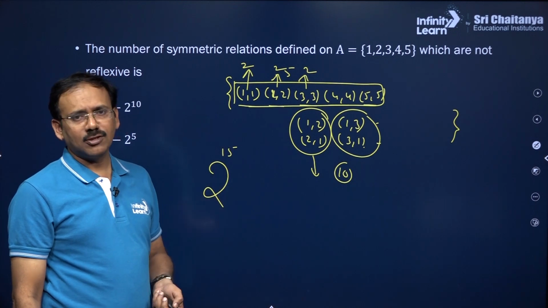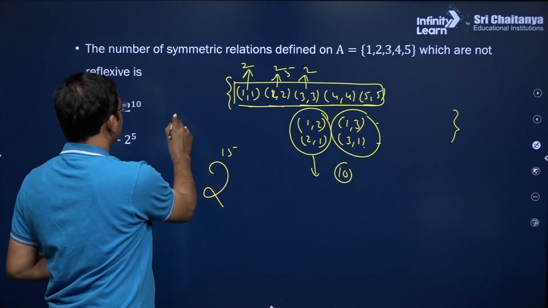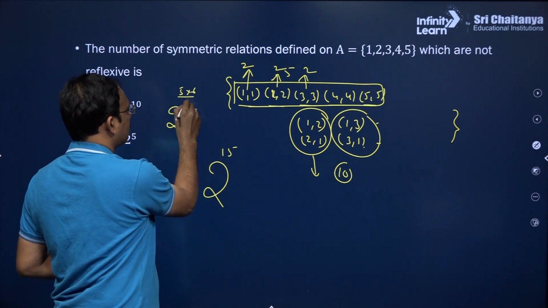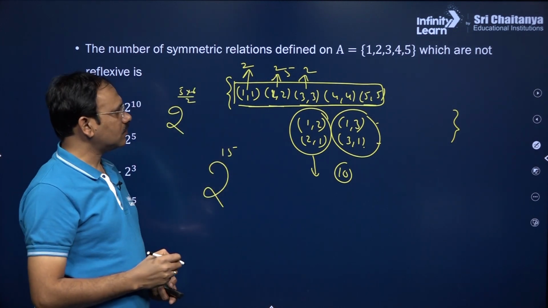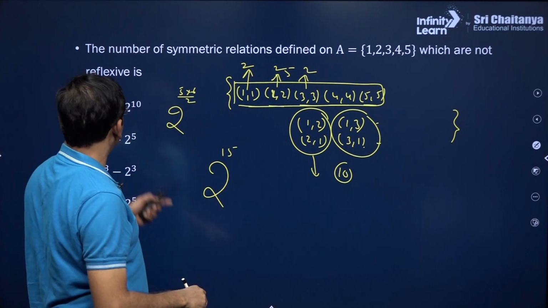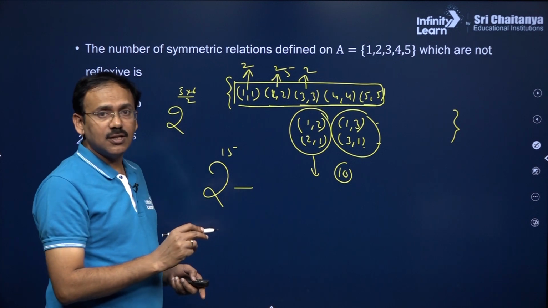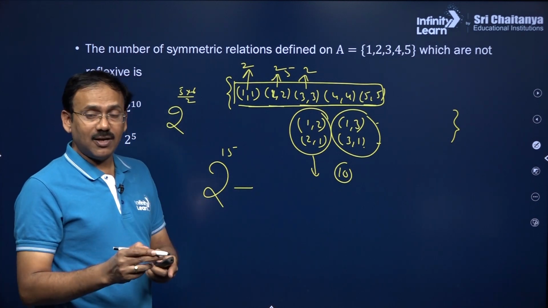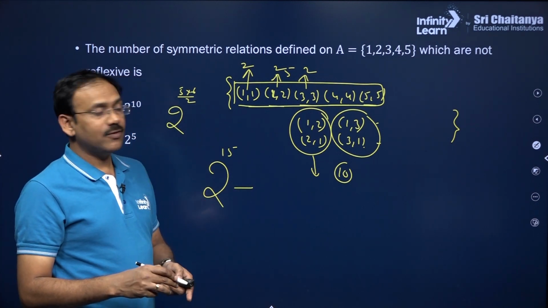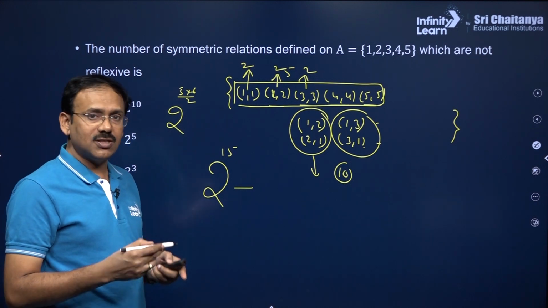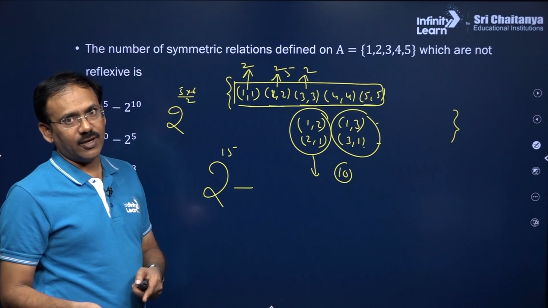And there is a formula also directly: number of symmetric relations is 2 power n into n plus 1 by 2, 5 into 6 by 2, which is 2 power 15. But actually I want those which are not reflexive. That means remove from these those symmetric relations which are also reflexive.